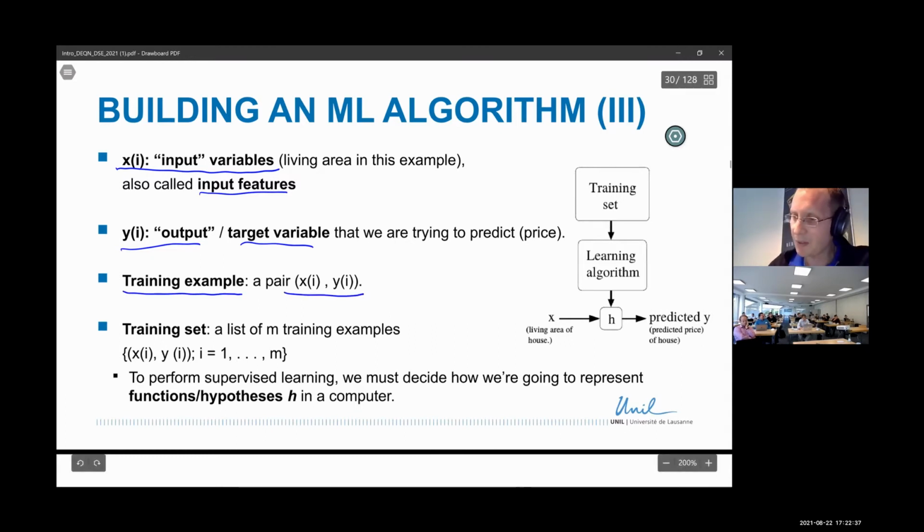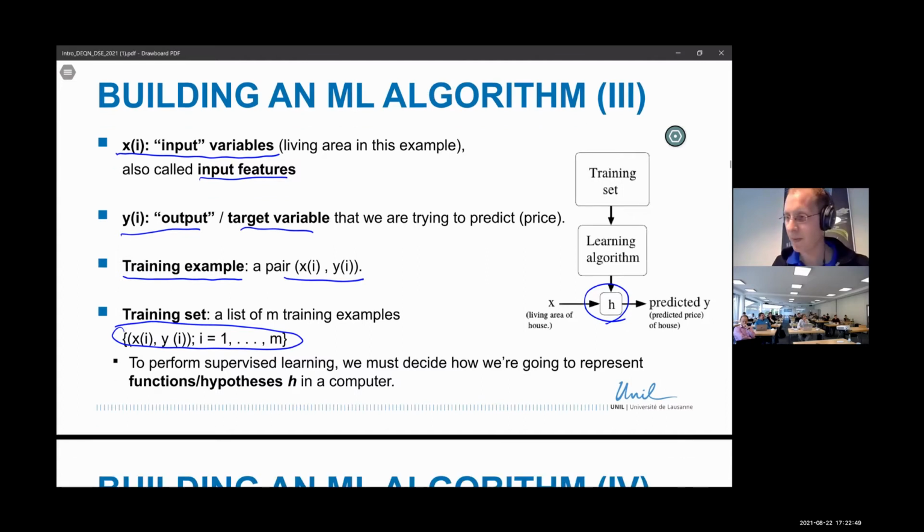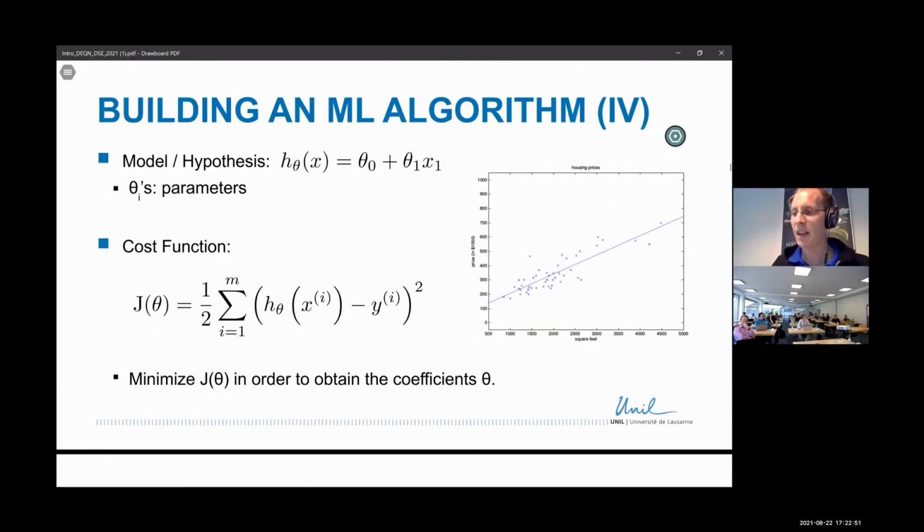So you have a pair of training points. And you can also have the training set. So given the data, given the hypothesis, you want to find the parameters of the model. And those you determine by writing down a cost function.